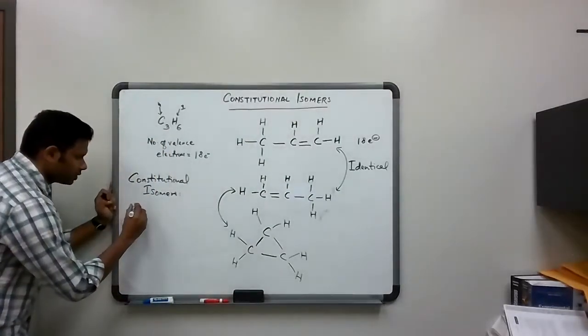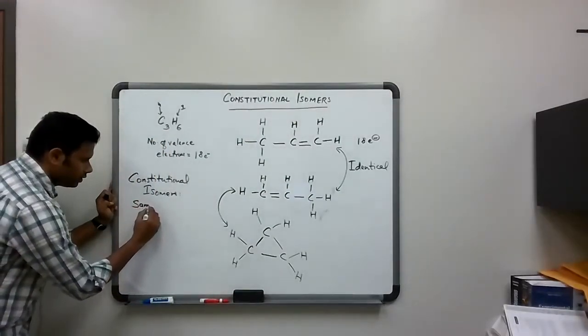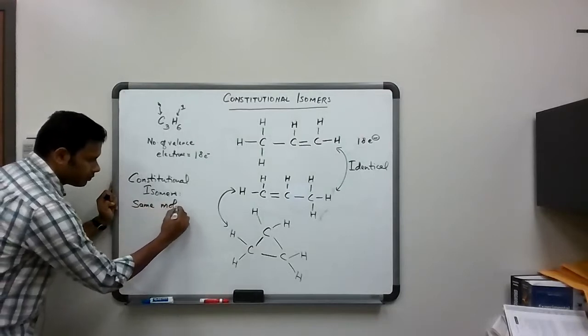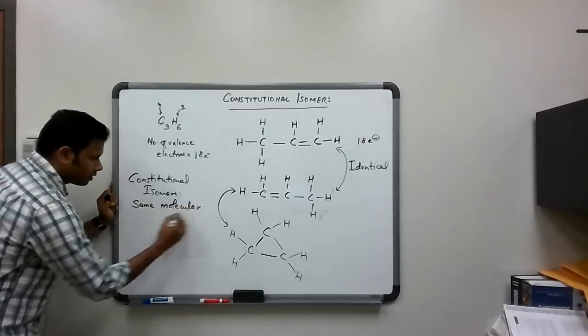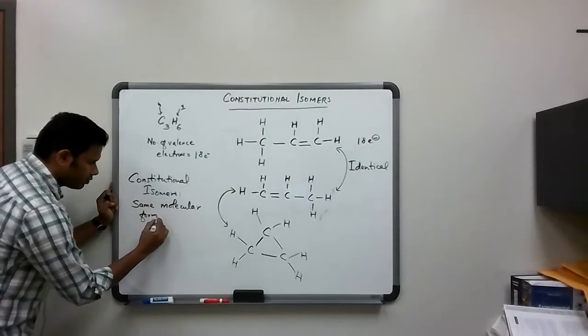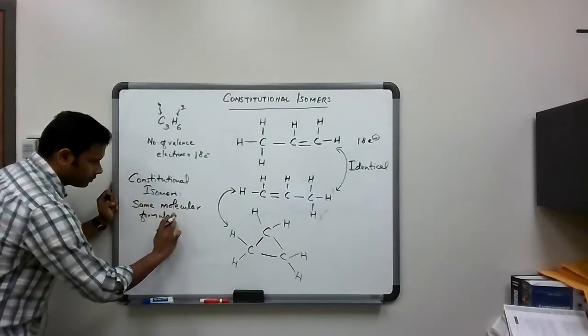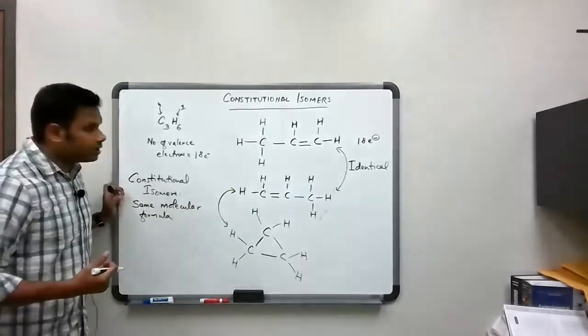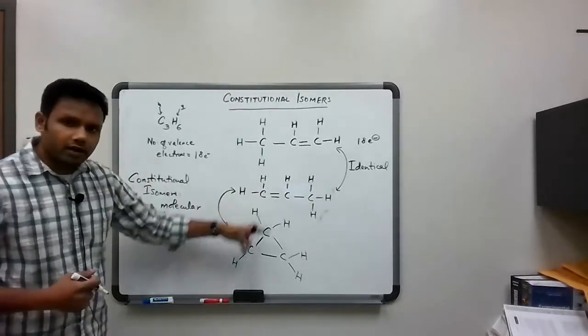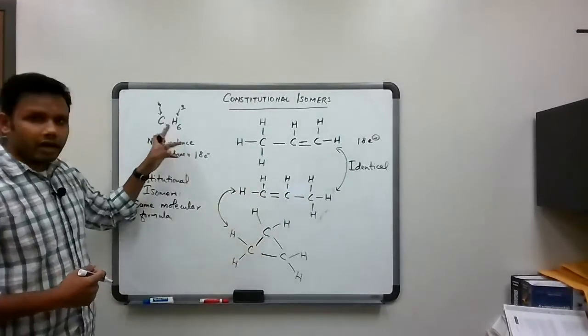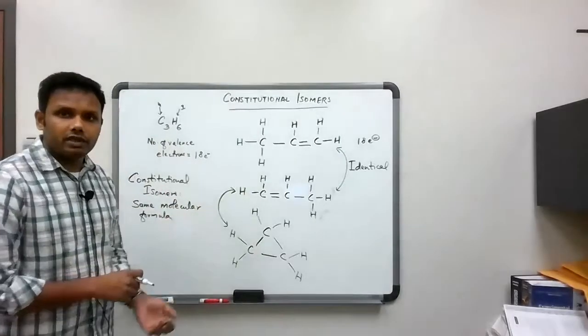So constitutional isomers have the same molecular formula, which basically means they are comprised of the same atoms and the same number of each kind of atom.